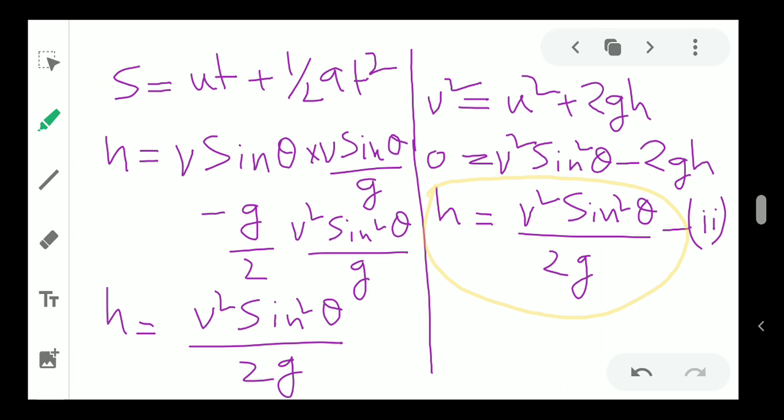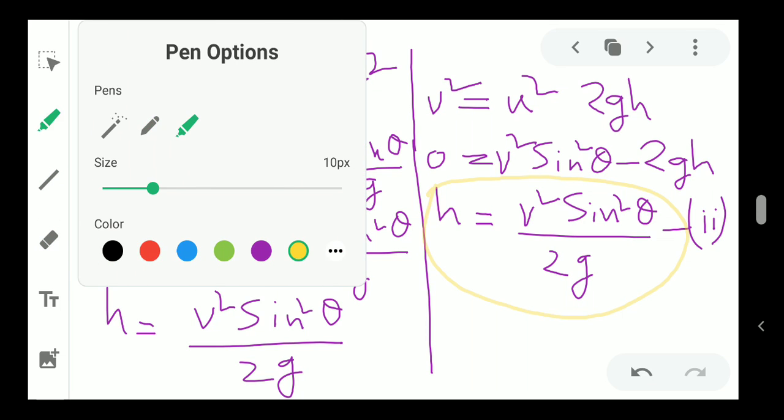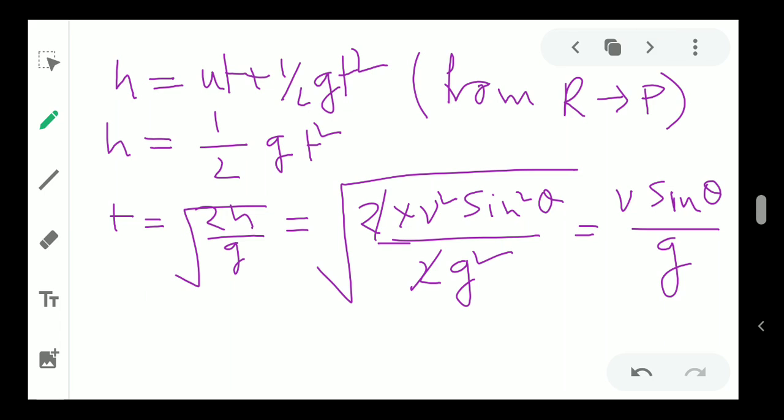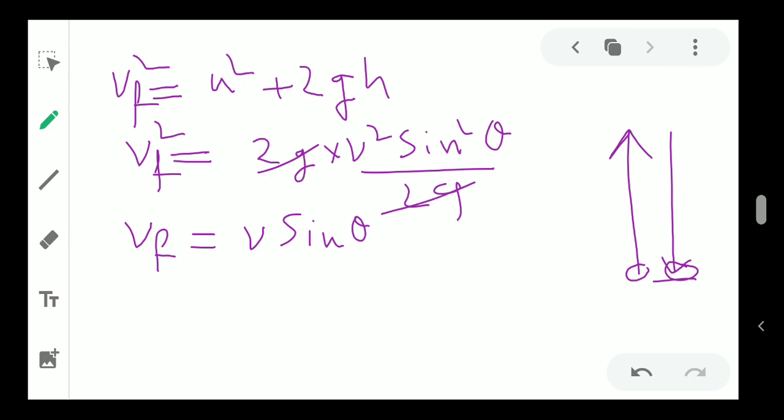You can ask me, sir, why plus 2? So that we don't have any confusion, I'm just writing it so that you can remember the form. And we have seen that the time taken to go up and to go down are the same. That's it.